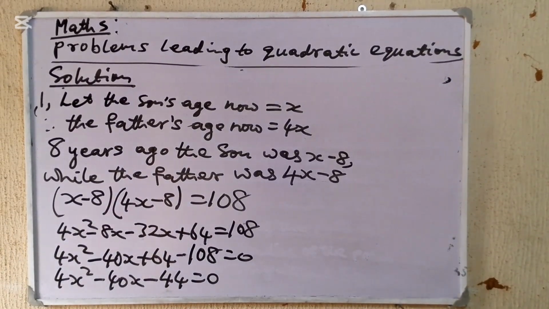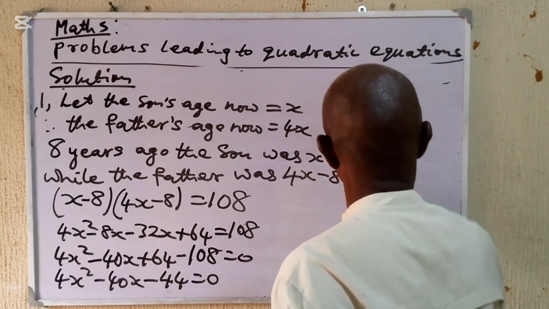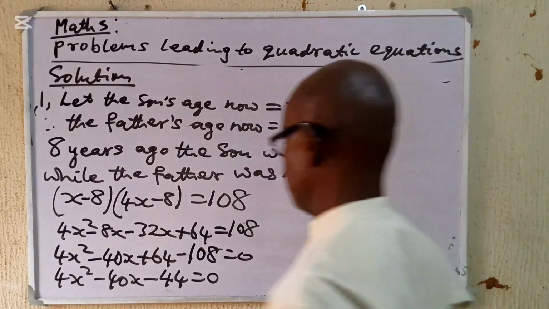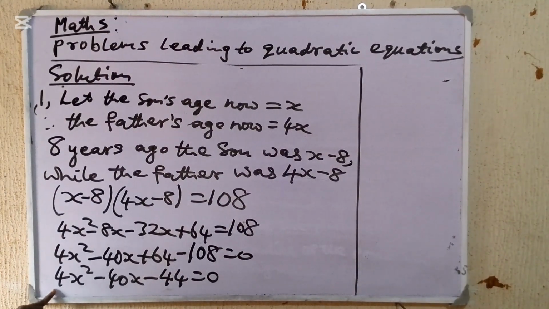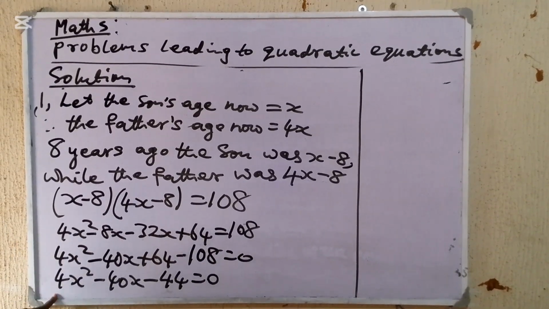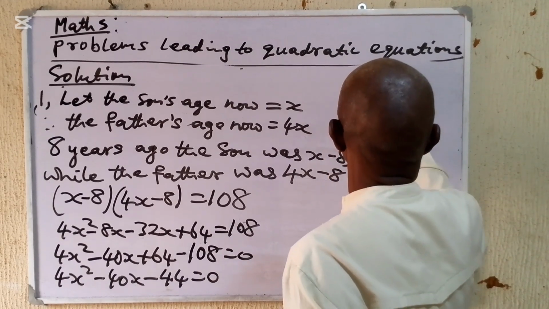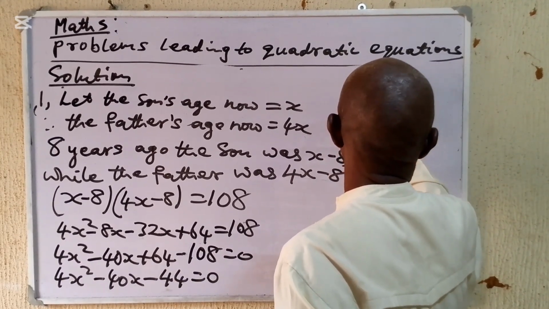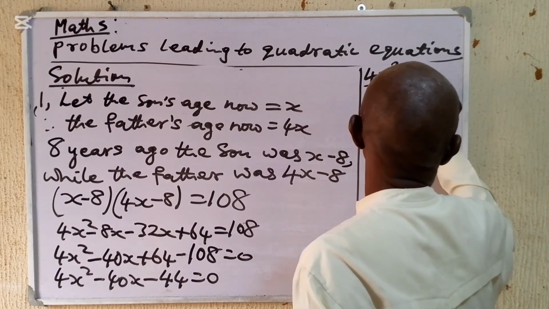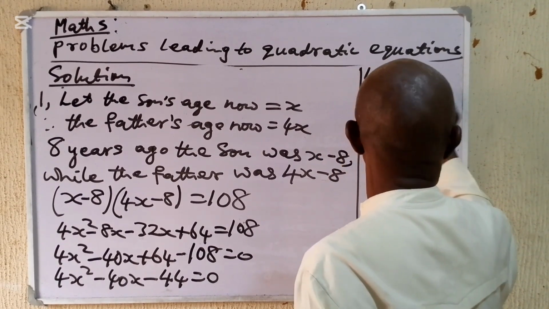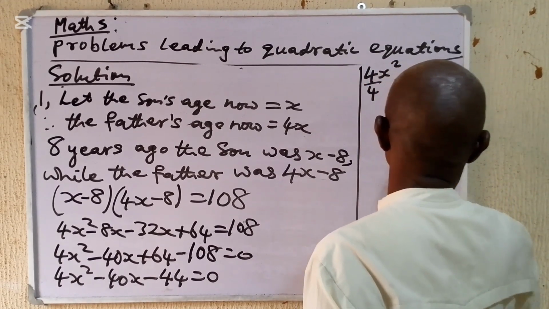So in order to continue, we can use 4 to divide everything so that we simplify further. And that will give us 4x squared all over 4 minus 40x all over 4 minus 44 all over 4 is equal to 0.